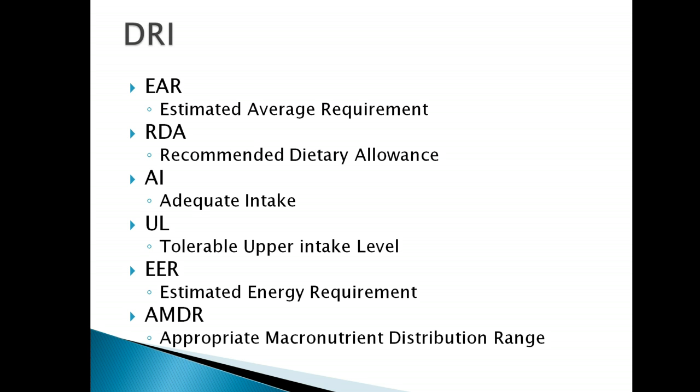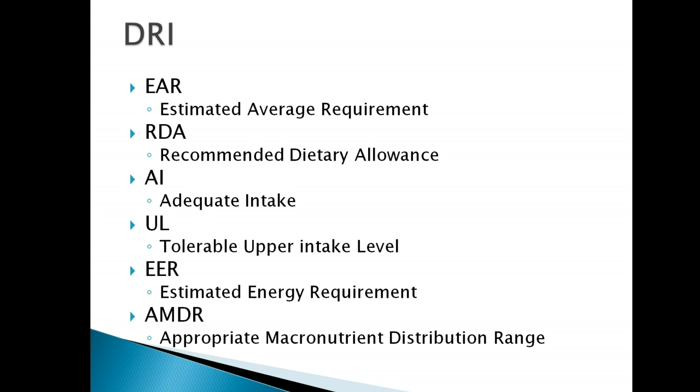Another thing that's very important is the appropriate macronutrient distribution range, the AMDR. Very, very important. What you need to know about the AMDR is that this is basically a part of the estimated energy requirement.